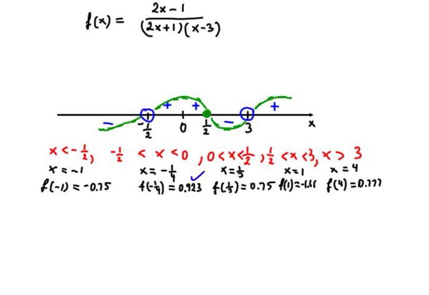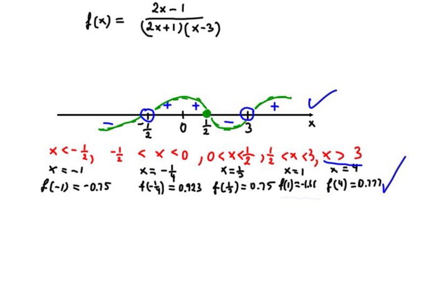Between 0 and 1/2, same story. Plug it in, using the equation in its original form. You test this interval, you have a negative reading, so it's right here. And finally, the interval greater than 3, and you have a positive reading.